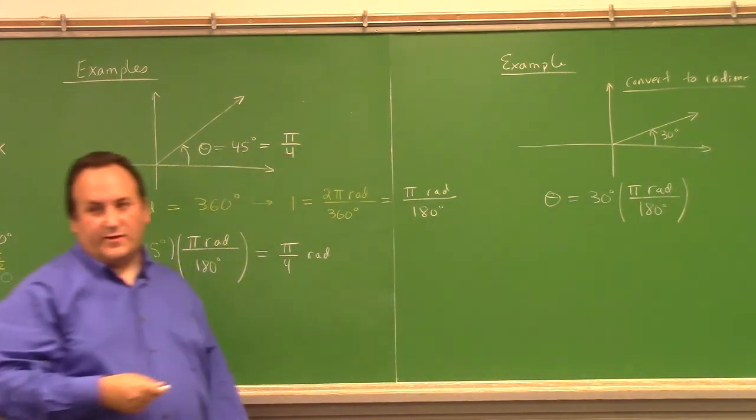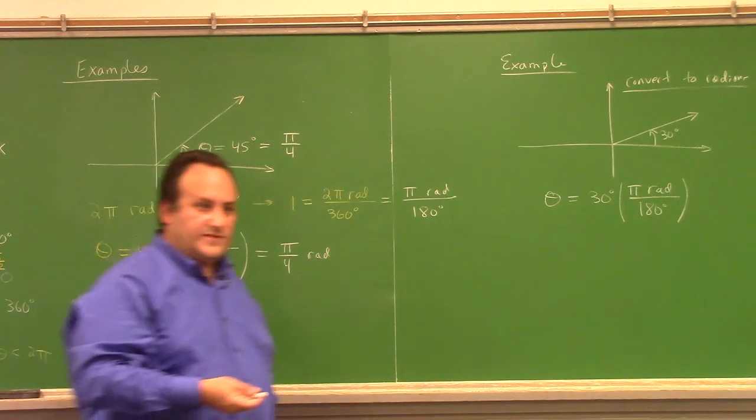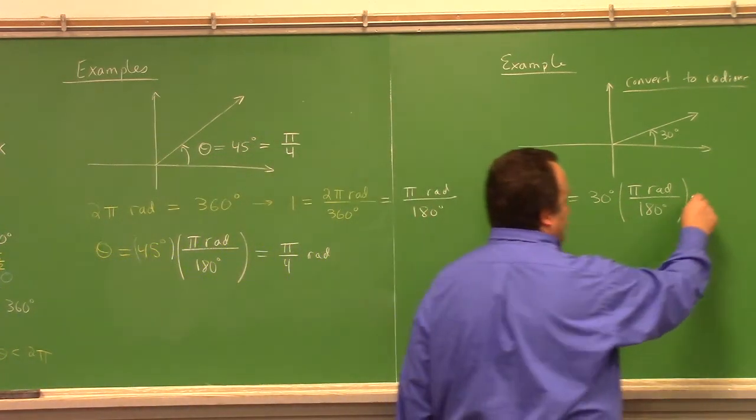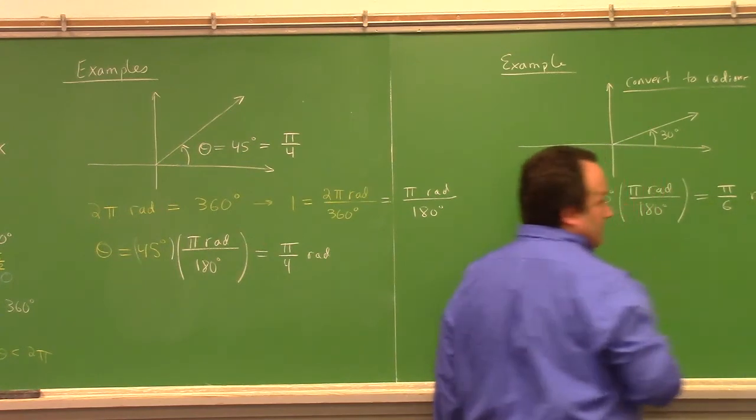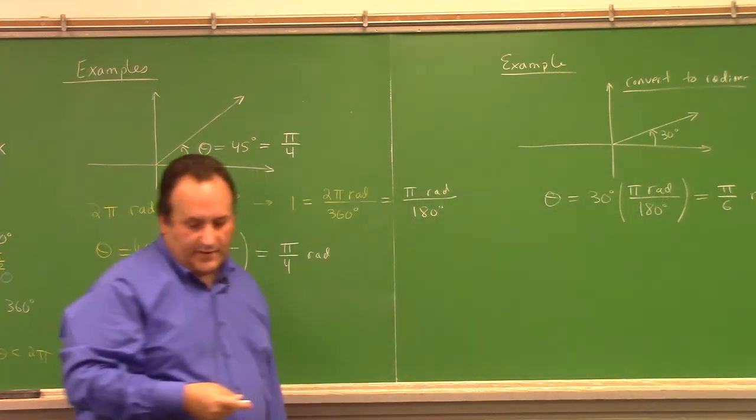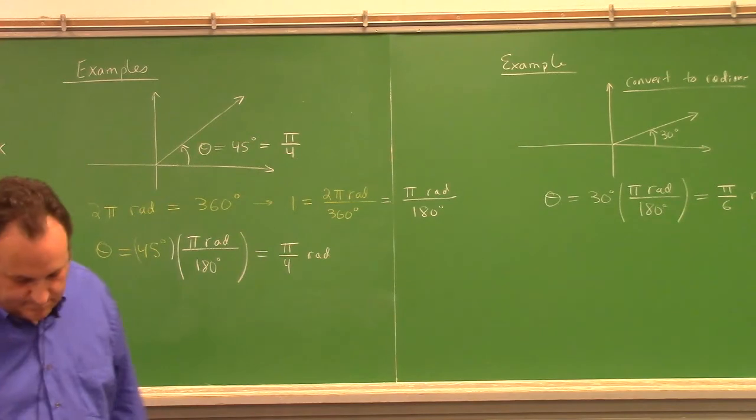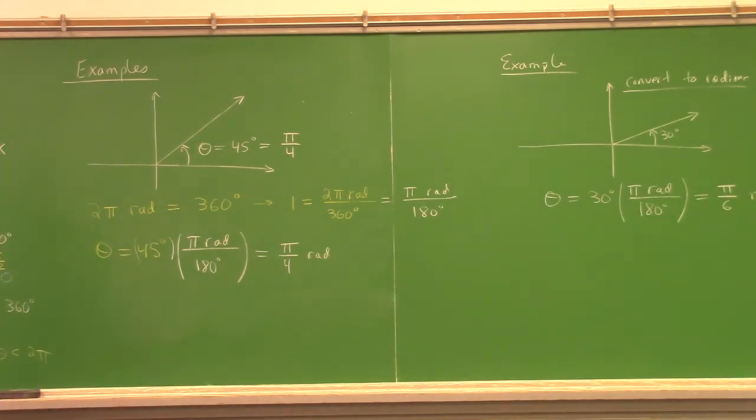So what's 30 over 180? Well, that's 1/6. Yeah. So we get pi over 6 radians. All right? Any questions so far? Okay.